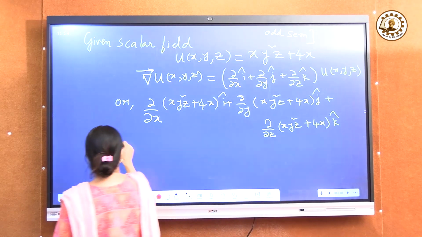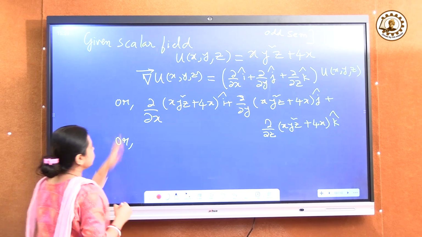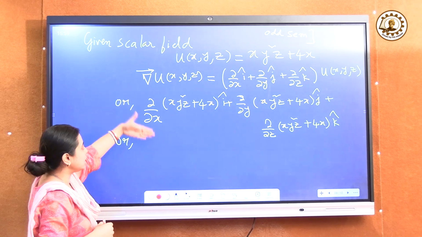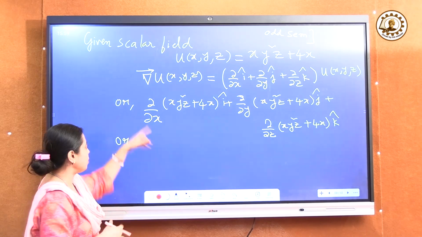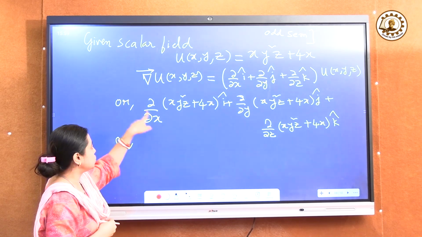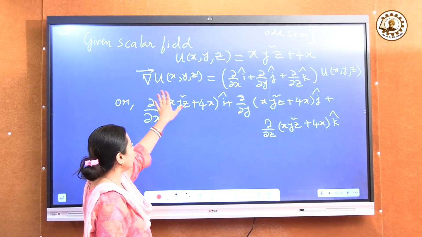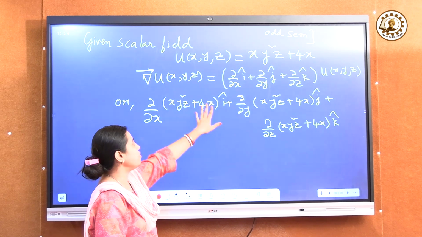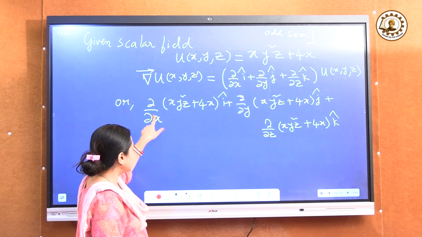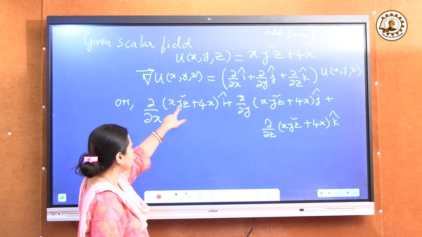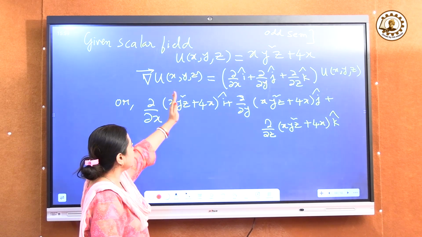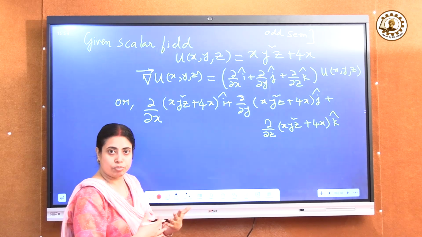Now, I have to take the partial derivative of it. If I am taking the partial derivative, it means part by part. If I am taking the derivative with respect to x, I can take the derivative only with the terms which are having x. The other terms, because the derivative is not taken with respect to y and z in this particular case, will not be derivable here.